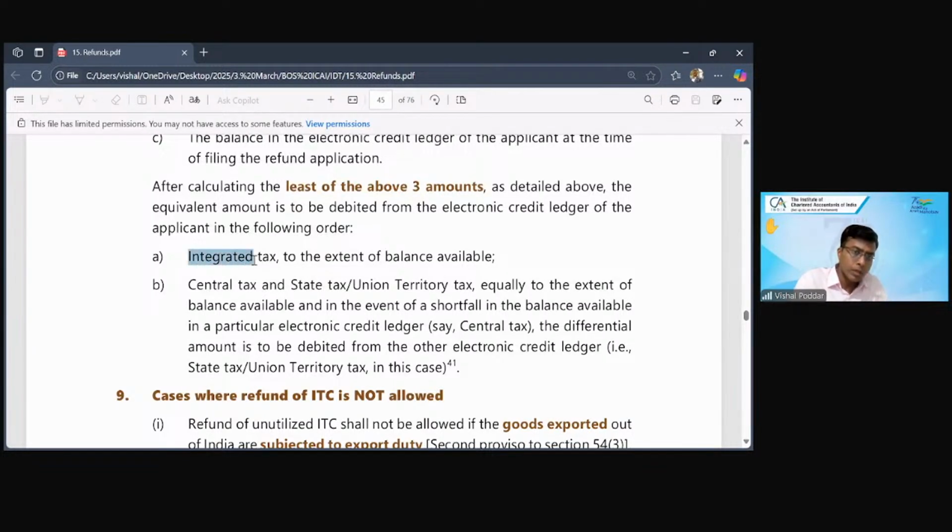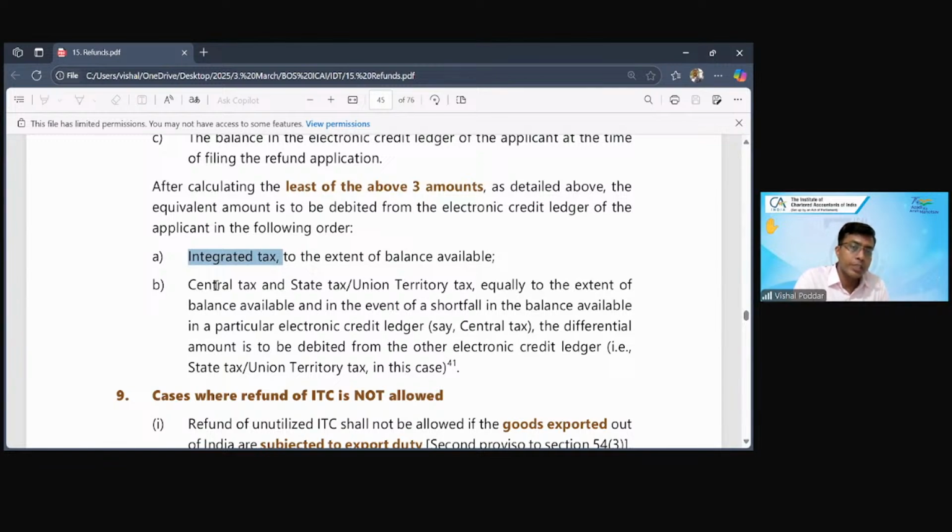First, I will debit my IGST credit balance, whatever is there in my IGST credit ledger. If, after that also, let us say I have to take a refund of 1,000 as per the least of the three, this 1,000 I will first take by debiting the IGST credit ledger. Let us say it is 600. Out of 1,000, 600 is debited there. Balance 400. What will I do?